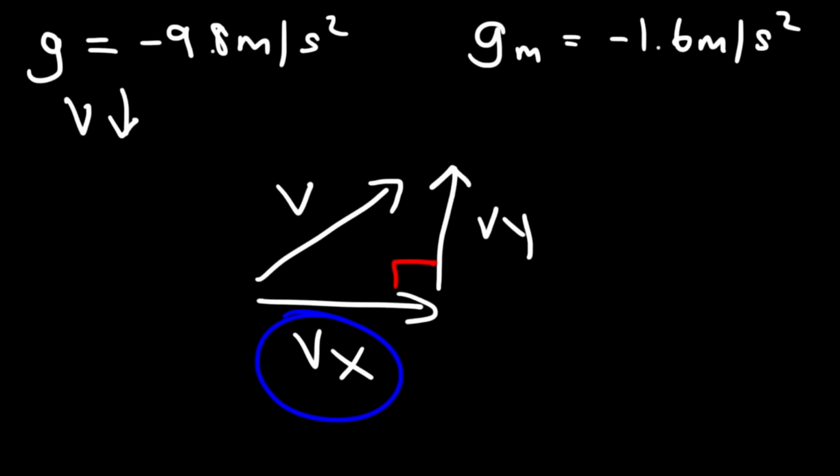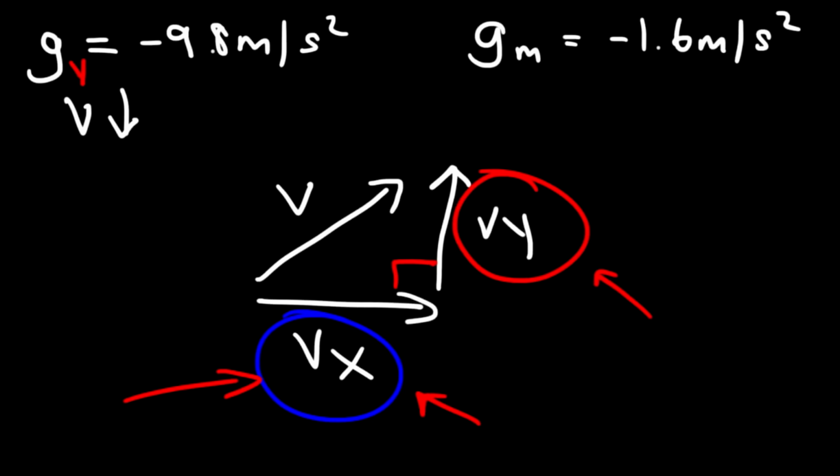Vy is the vertical component. The gravitational acceleration does not affect Vx. It affects Vy. So technically you can write this as Gy. It's a vertical gravitational acceleration. It doesn't affect the horizontal velocity, it affects the vertical velocity. So make sure you understand that.